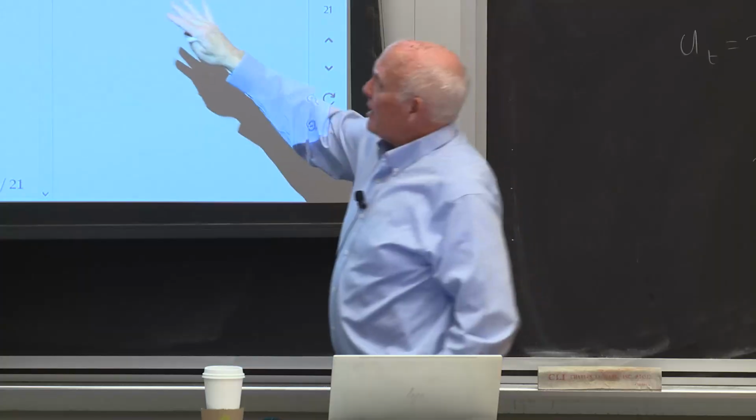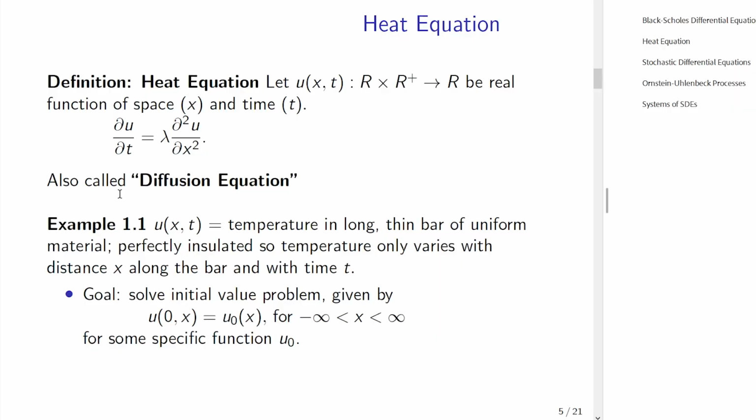So let's consider how the heat equation is often set up. It says, let's consider the temperature in a long, thin bar of material that's perfectly insulated, so temperature only varies with distance along the bar at time t.